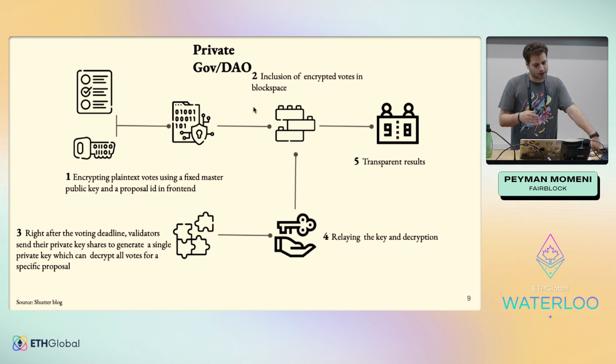And once your votes are encrypted, we can send them to the blockchain on a smart contract in Ethereum or in Cosmos. And once everything is finalized, the deadline of voting, the gathering of votes is finalized, and nobody can vote anymore, all of the validators, all of the DAO members can send their private key shares, and a threshold of them can be aggregated automatically to decrypt them and tally the results, and the results will be transparent.